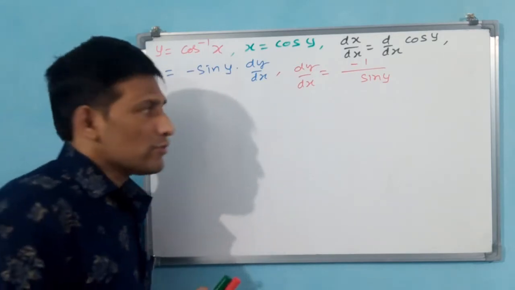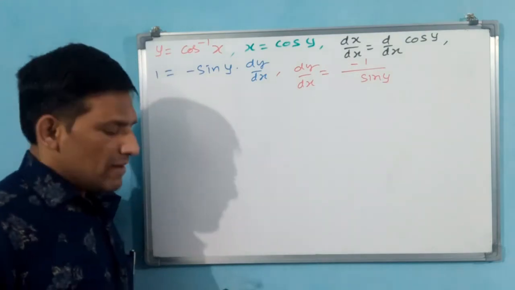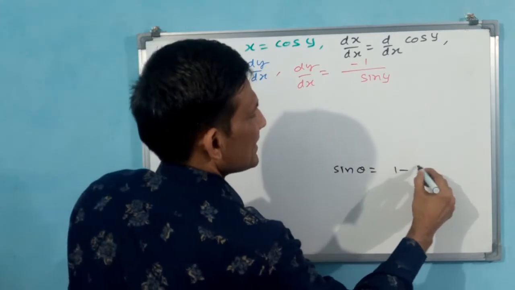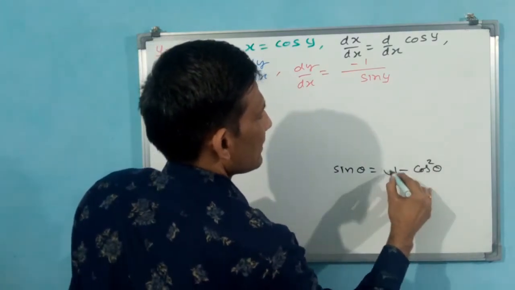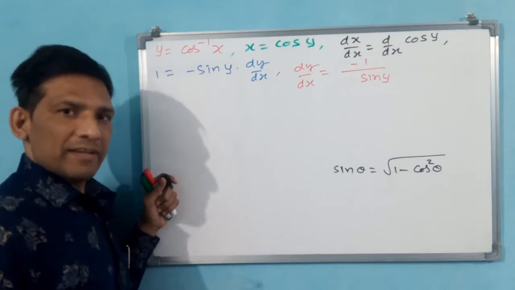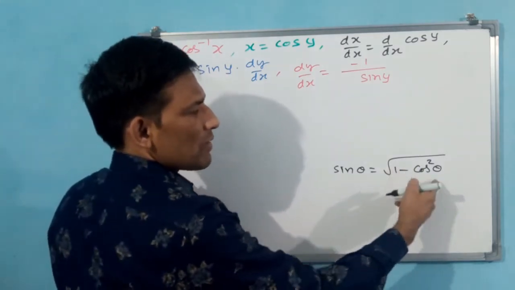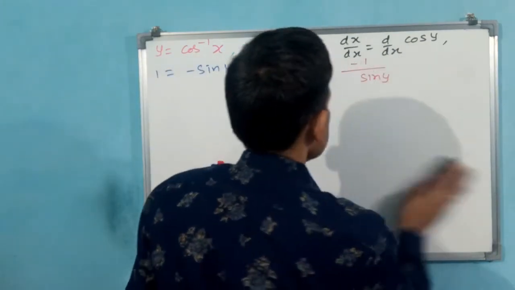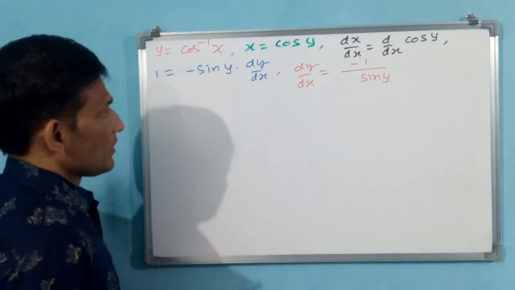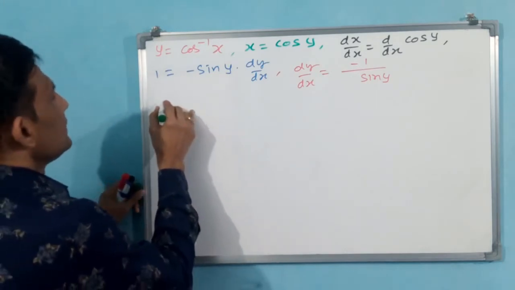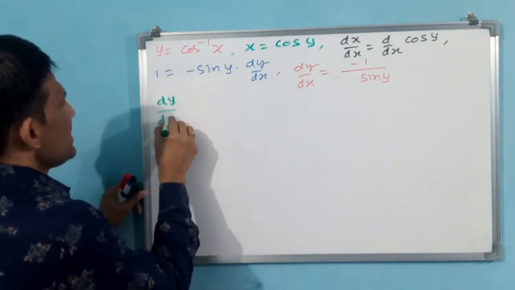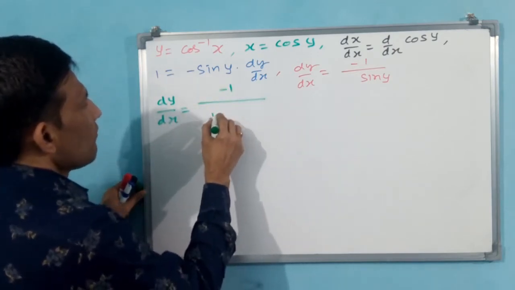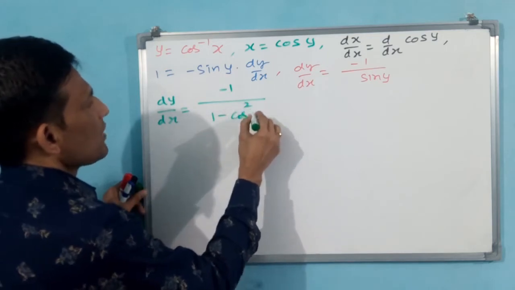That is why I am going to write sin y as the square root of 1 minus cos square theta. Sin theta is equal to the square root of 1 minus cos square theta. Same thing I write again here: dy by dx is equal to minus 1 by the square root of 1 minus cos square y.